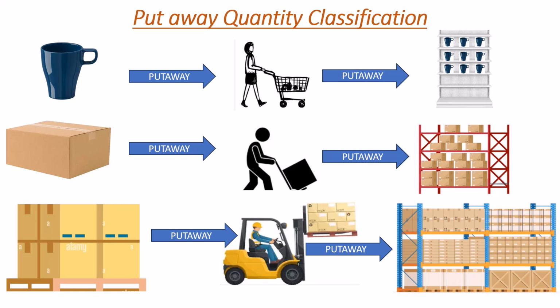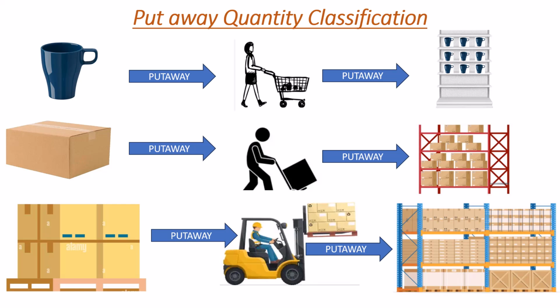Here we will come to know how the resources are linked when it comes to the product. One resource with some trolley is going to carry the products to the destination. If it is in cartons, another kind of equipment is used to store the product into the destination storage type. When it is a pallet, there is a forklift.